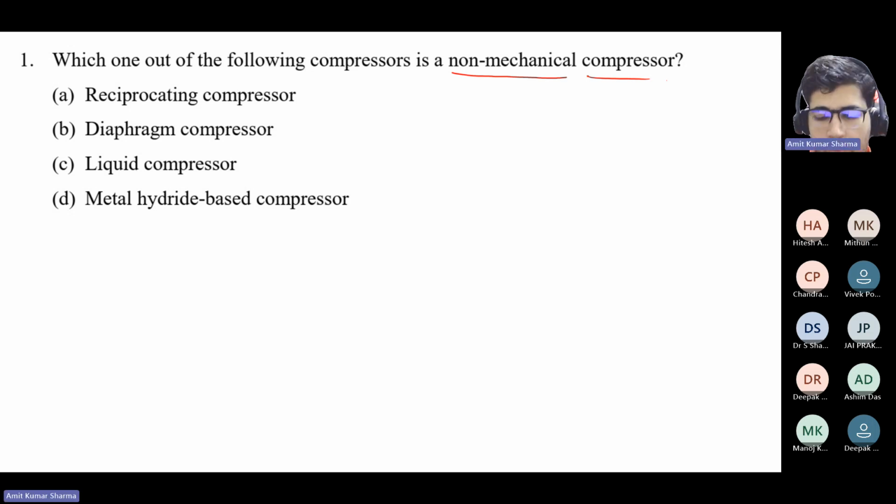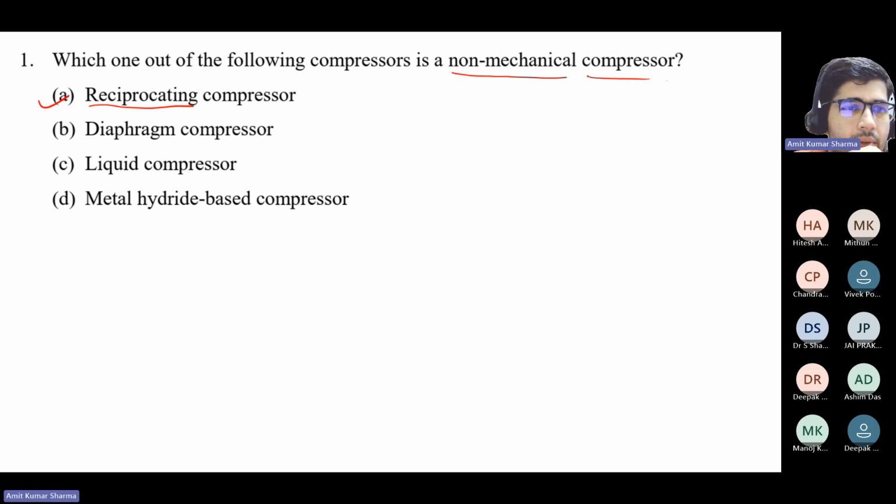Anybody else? So what about the reciprocating compressor? As the name suggests, reciprocating. If you have gone through the classes, we know there will be a piston cylinder and then there will be compression and expansion.